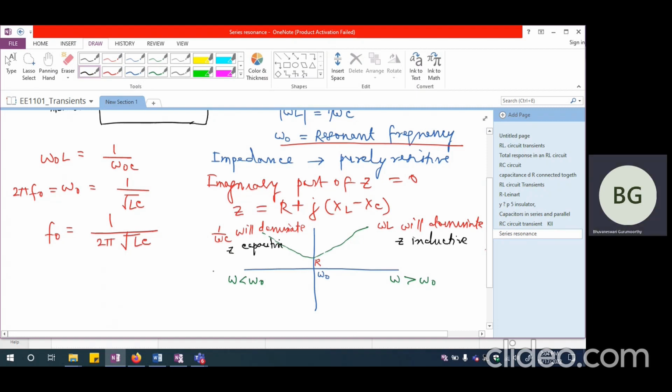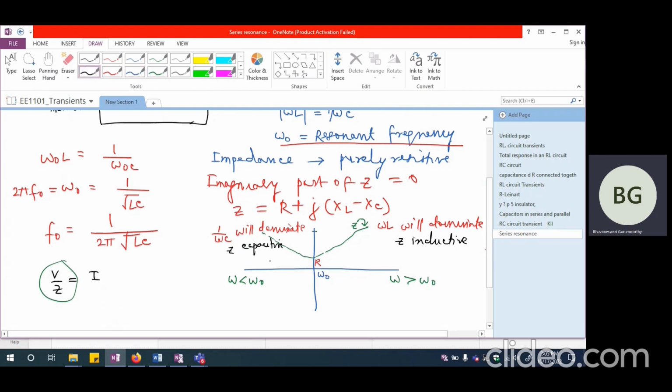Now V divided by Z is going to be I. Here Z is larger. So this is the variation of Z with respect to frequency. If I am looking at the current value, which is V divided by Z, the current is going to be maximum when the impedance is minimum.